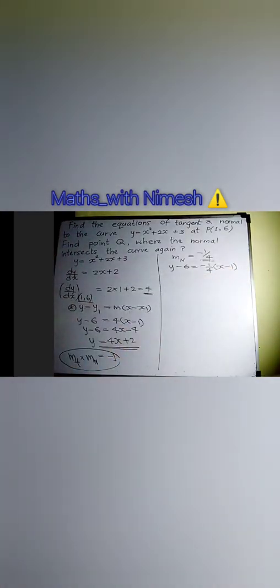Then use the same equation to find its equation. y minus, what is the y coordinate? 6. Gradient, x minus, what is the x coordinate at P? 1. Here we can multiply all the terms by 4 because we have a denominator 4. 4y minus 24.